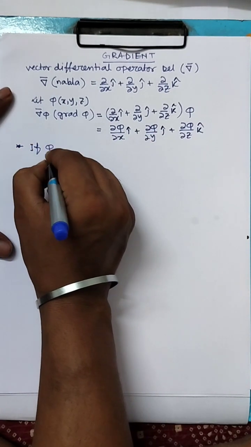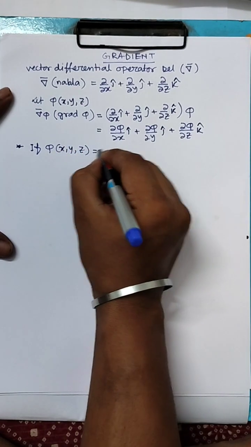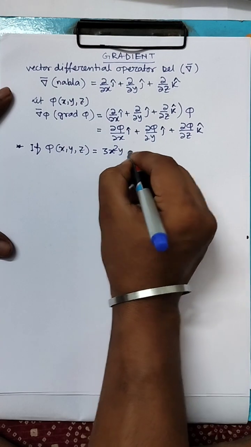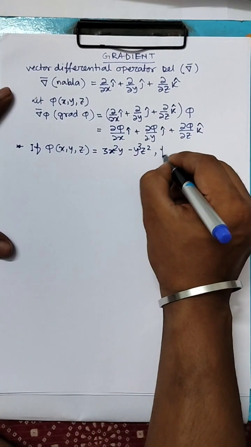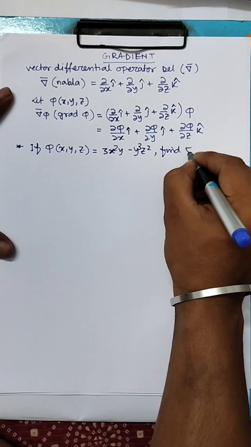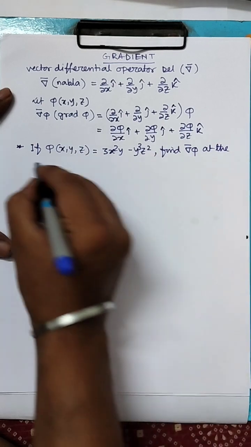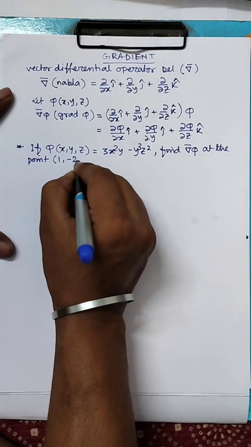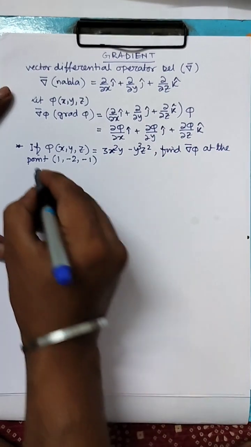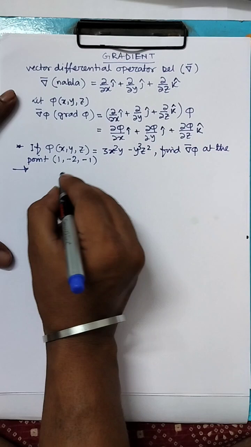If phi(x, y, z) is equal to 3x²y minus y³z², then find grad phi at the point (1, -2, -1). So how do we solve this problem?